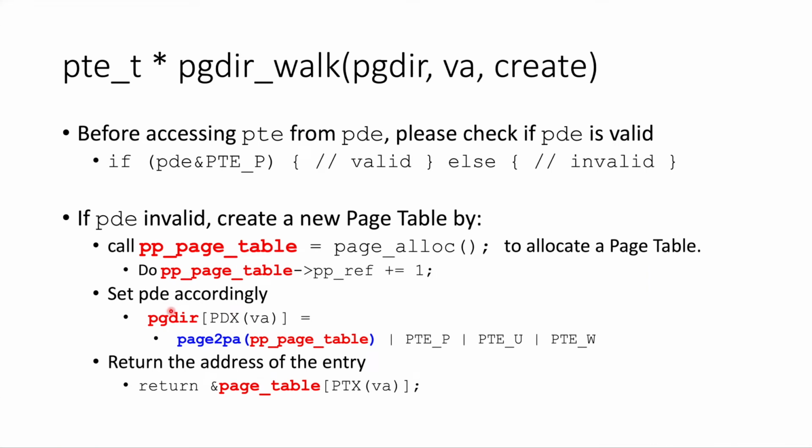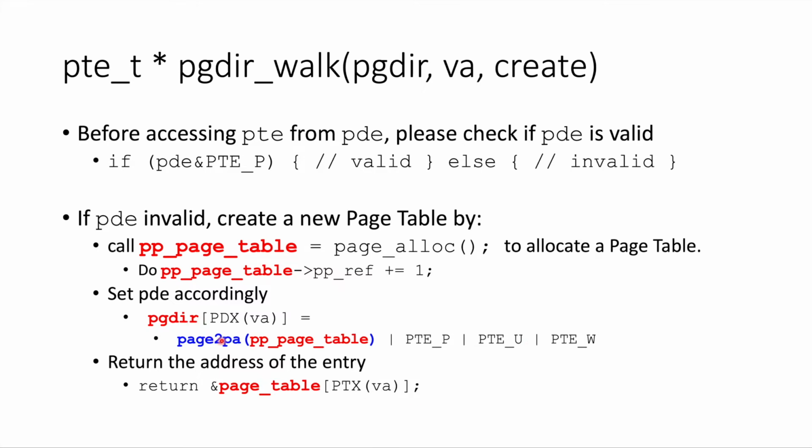So what we will do is get the page directory entry and store that. Because this is a page object, we will run page2pa to get the physical address of this page, and then we will concatenate the flags P, U, W, to let the page table have full privilege for page flag control.